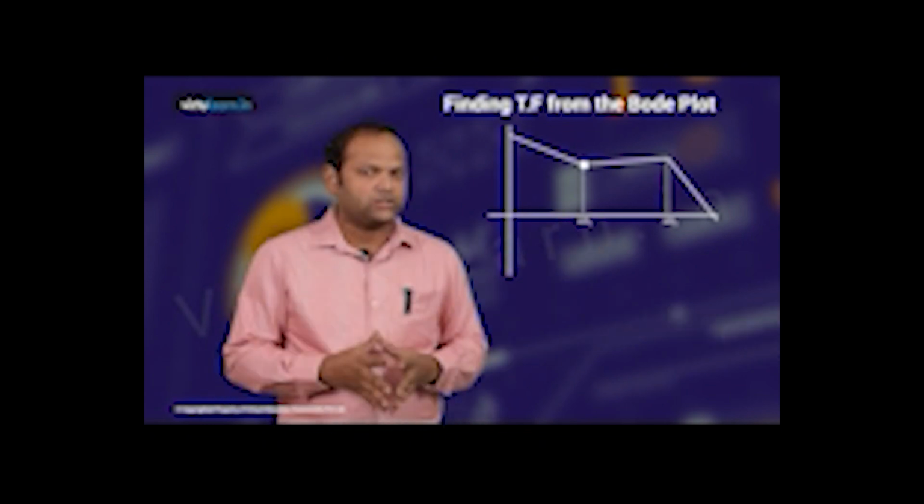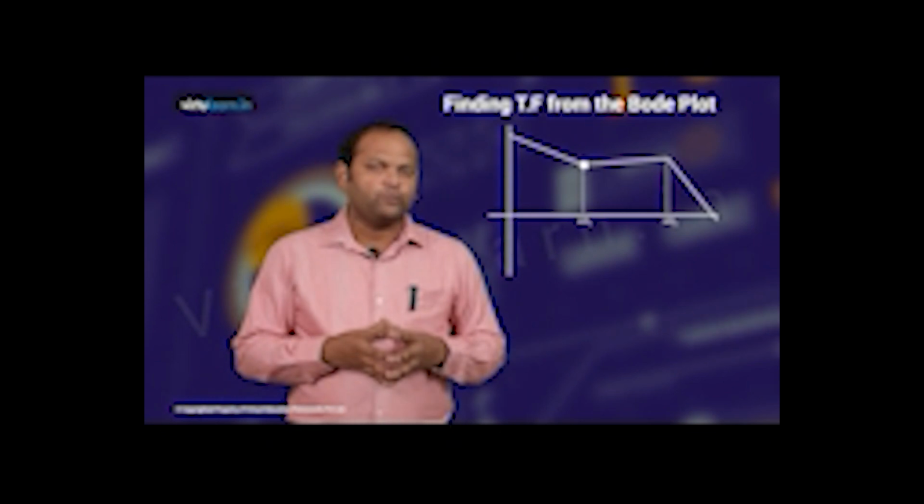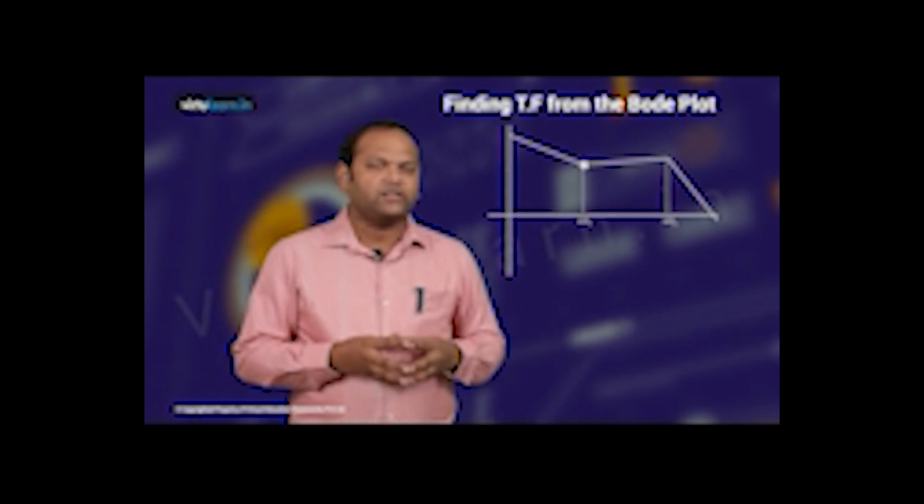That is the next slope, and before that, that is the previous slope. So at each and every corner frequency, you identify the next and previous slopes and find out the present slope at that particular corner frequency. That means your present slope at that corner frequency is the next slope minus the previous slope.